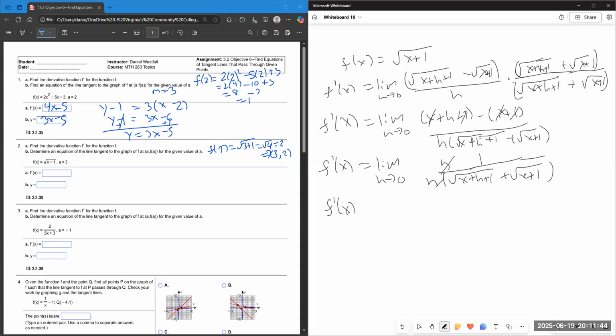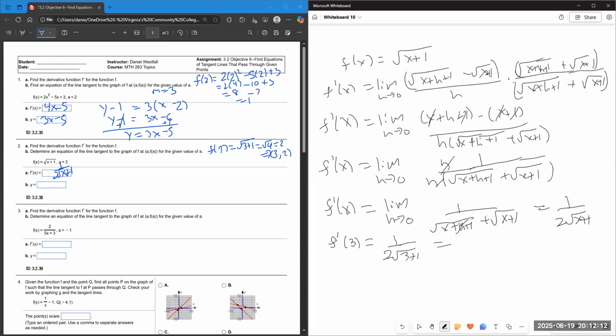F prime of x equals limit h goes to 0, 1 over root x plus h plus 1 plus root x plus 1. H is going to 0, 1 over 2 root x plus 1. F prime of 3, 1 over 2 root 3 plus 1, 1 over 2 root 4, 1 over 2 times 2 is 1/4 for my slope.